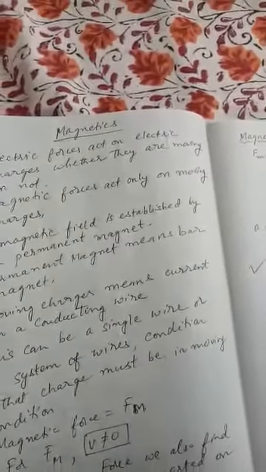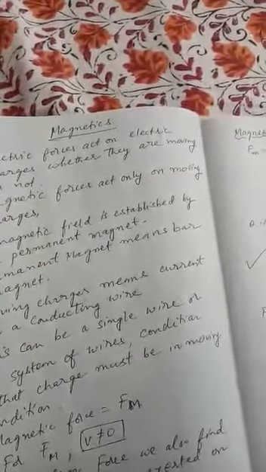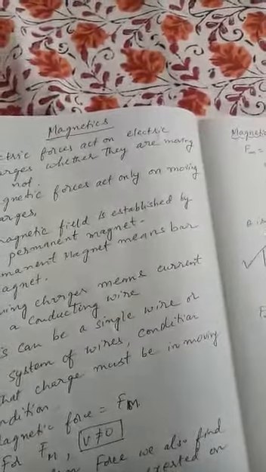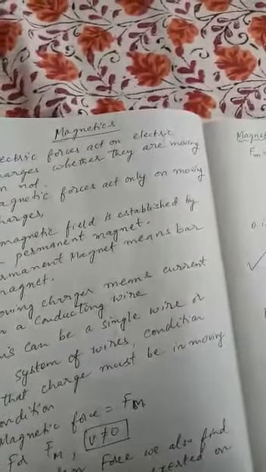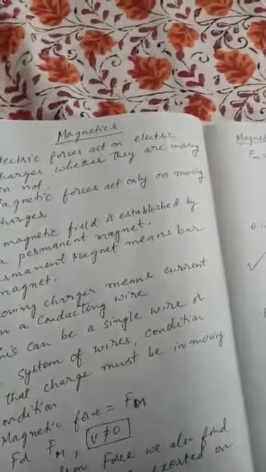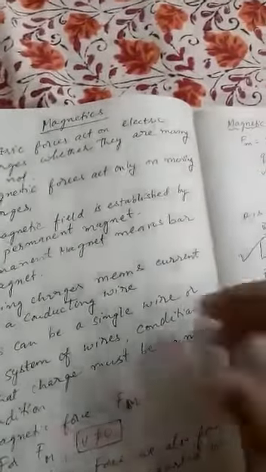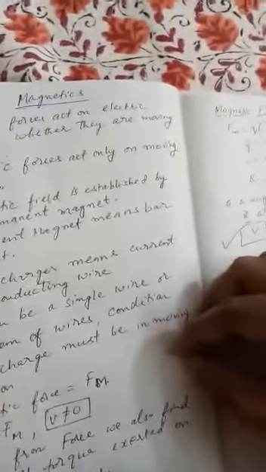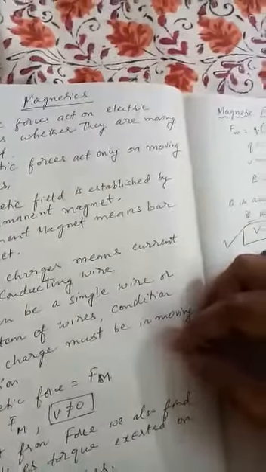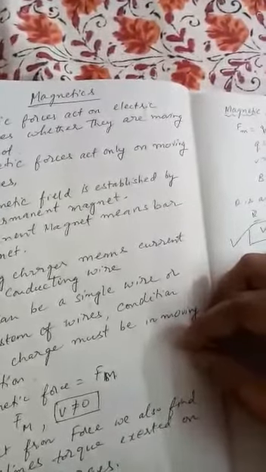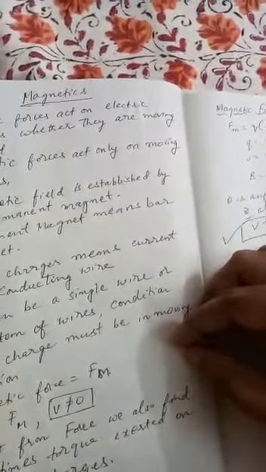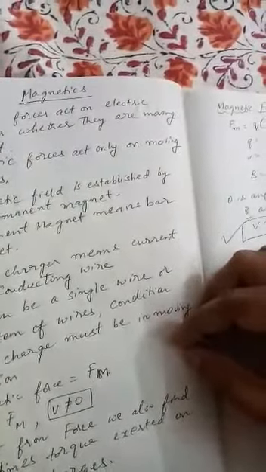Now, the difference between electrostatic force and magnetic force is that electrostatic force can be applied on a charge at rest or in motion, but magnetic force is calculated on a moving charge. Magnetic force cannot be applied on a resting charge.